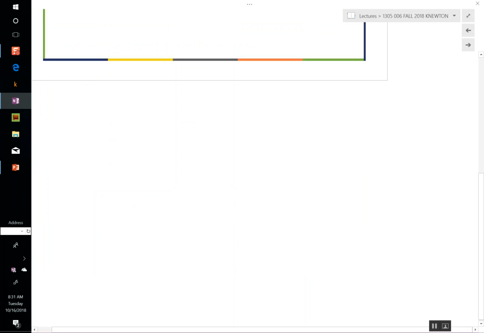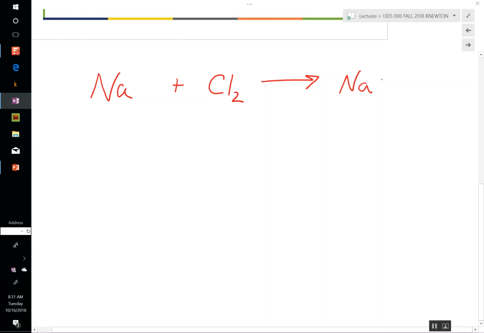Well, probably we should write out a simple little chemical reaction. We've been learning some symbols. That's the element sodium. This is the element chlorine. They react to form sodium chloride.